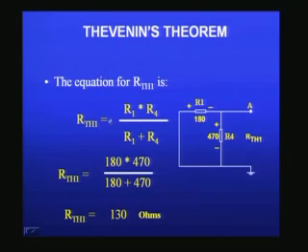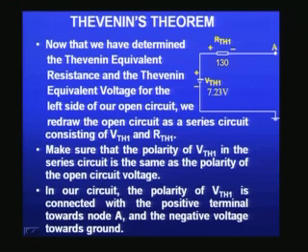So, R Thevenin is equal to R1 multiplied by R4 divided by R1 plus R4, and by substituting the values 180 ohms and 470 ohms and simplifying, you can see R Thevenin is about 130 ohms. So, we have solved the left side of the circuit. R Thevenin is about 130 ohms, and the Thevenin's voltage is 7.23 volts.